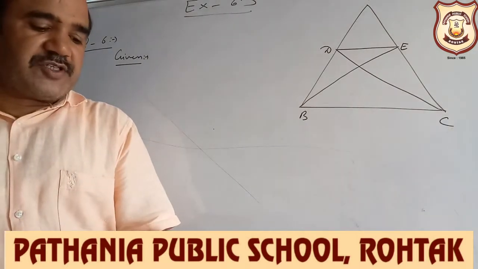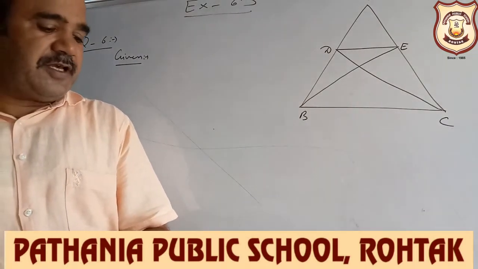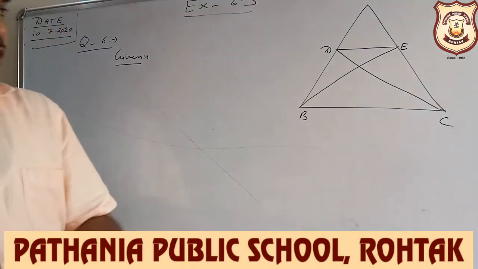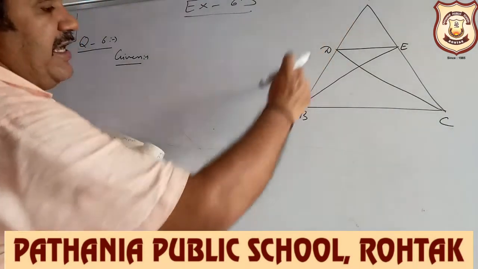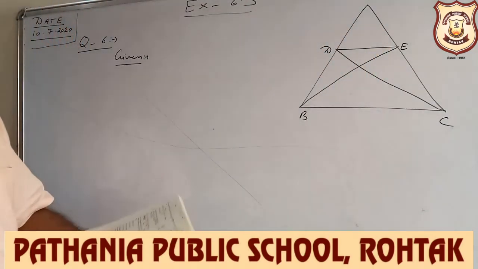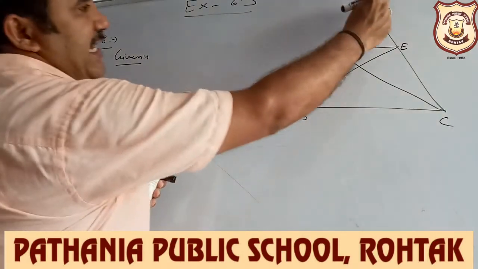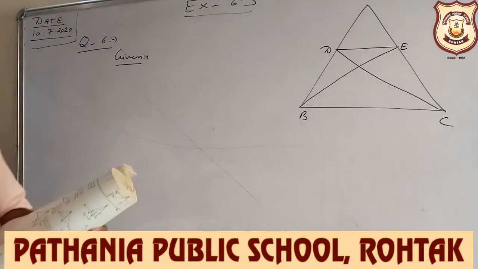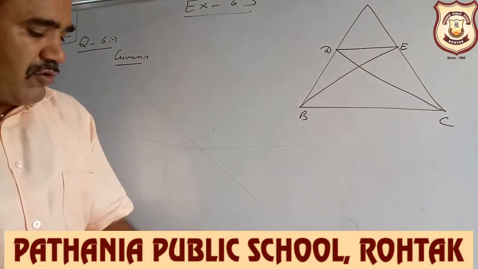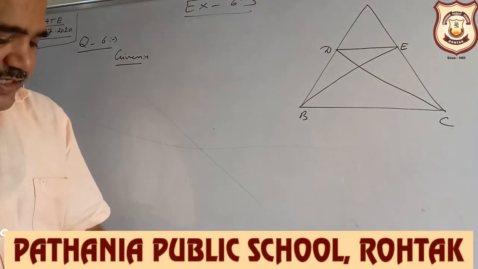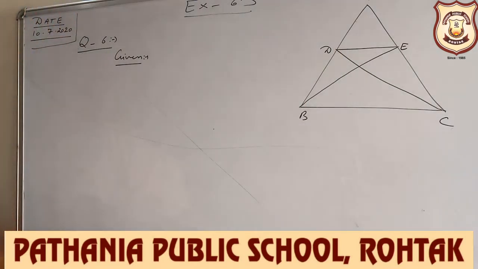Now see beta, question number 6. See in the figure, triangle ABE is congruent to triangle ACD. Prove that.